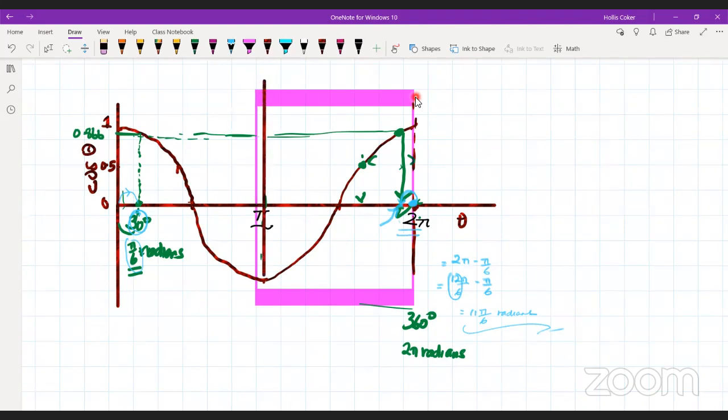That line cuts the graph exactly in half. So first of all, I want to get the angle for which.